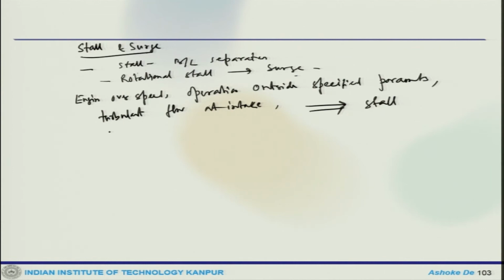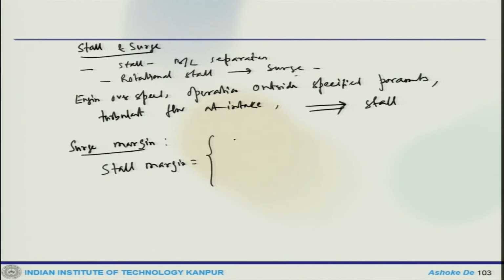Now one can find out some of these surge margins that we have already looked at from the compressor curve, where the surge margin actually lies, and then mathematically one can find out the surge margin. This is very similar to the factor of safety in mechanical system design, which is called stall margin.